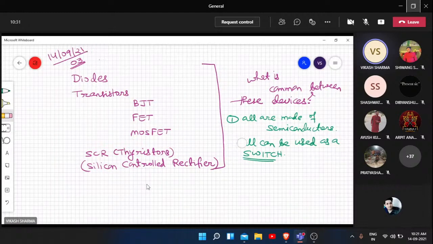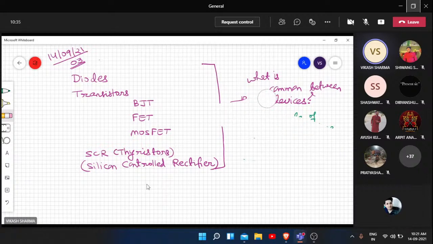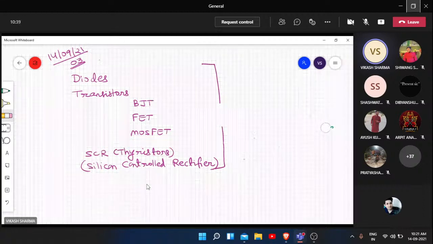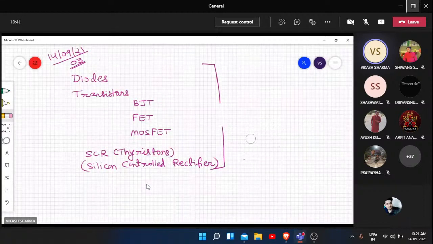So let me elaborate it a little bit. Remember this answer. Whenever you are given this question, you should have the answer that these are switches.